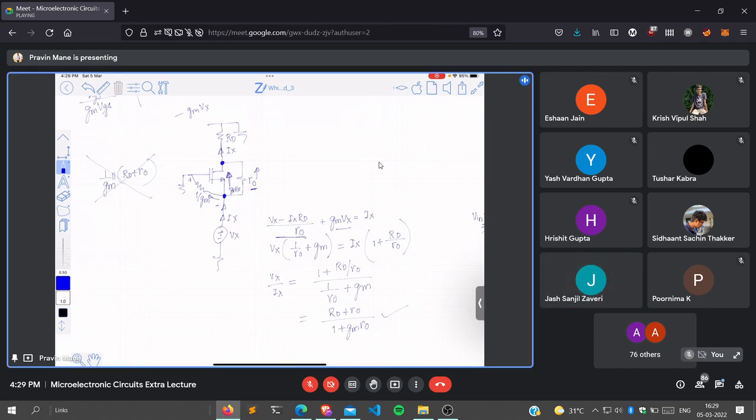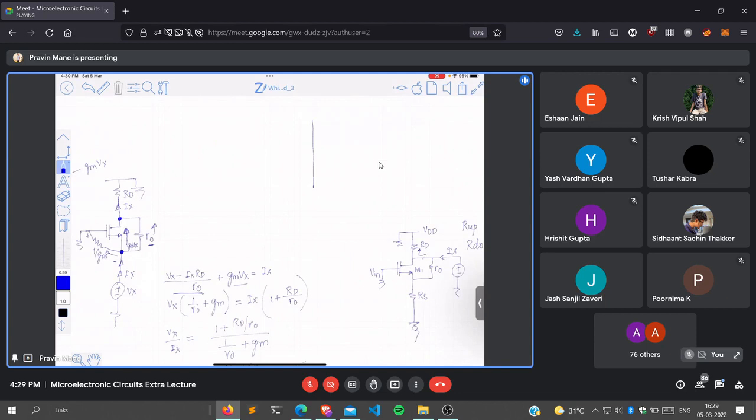So you should not confuse between instantaneous current and AC current. Suppose I have a current of 0.1 milliampere. This is a DC current. Now over it, AC current will be superimposed. Suppose the AC current increases by 0.01 milliampere, what is this current going to become? 0.11 milliampere, right?